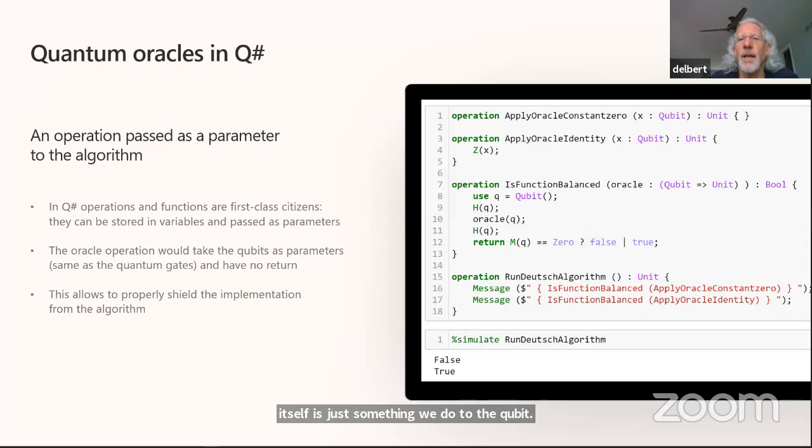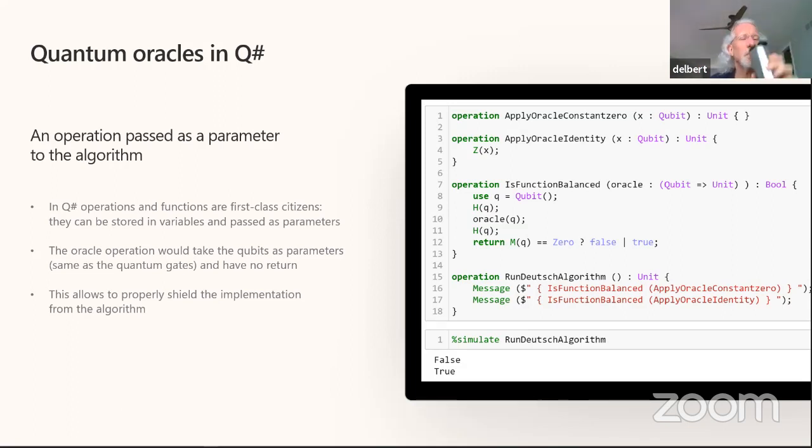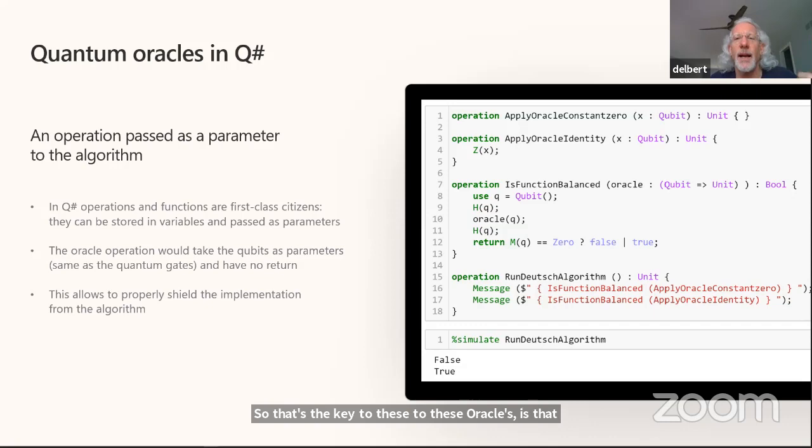You know, unit is the Q# equivalent of void in C or C++. So that's the key to these oracles, is that you can pass them around and operate on them in Q#.